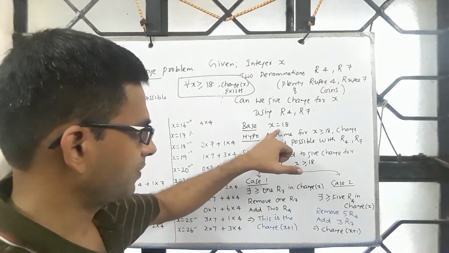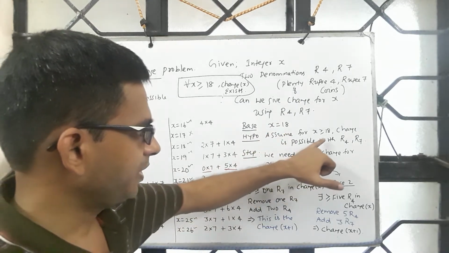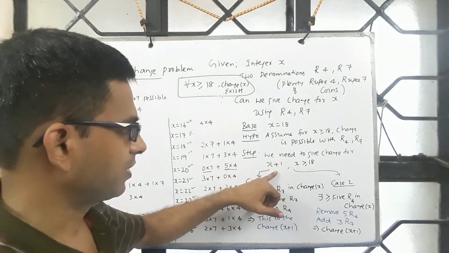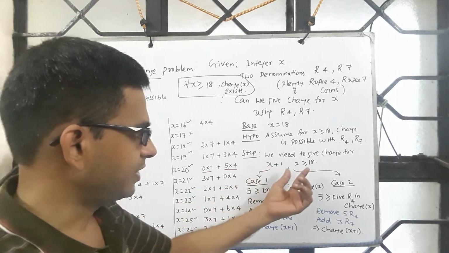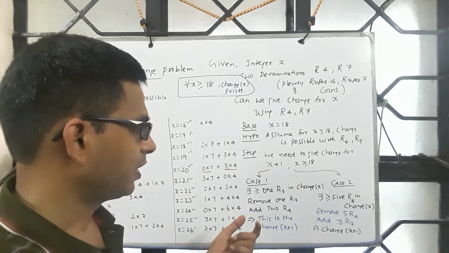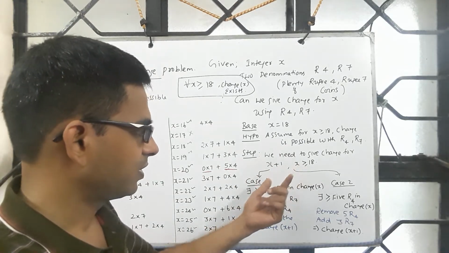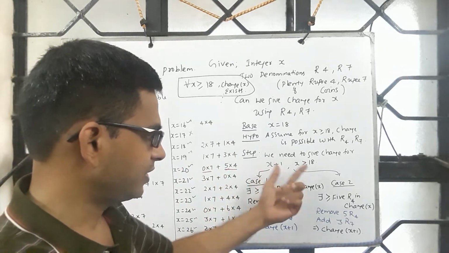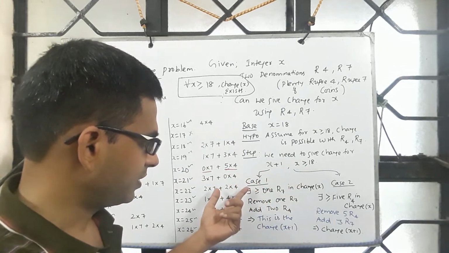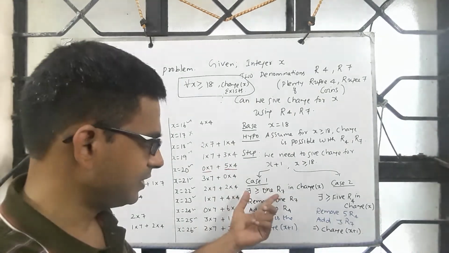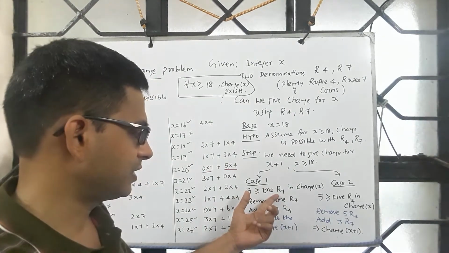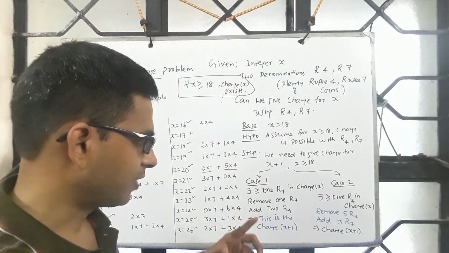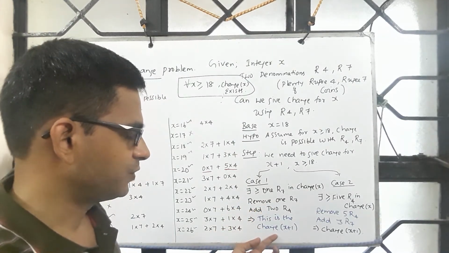Base case, it works for 18, and assuming 18, we run the proof for x plus 1. So we know that change for x exists because of the hypothesis. Look at the change for x. Case 1, the change for x consists of at least one R7, one 7 rupee coin. You remove that and add 2 R4, that would be the change for this.